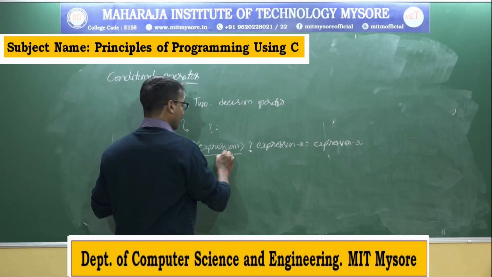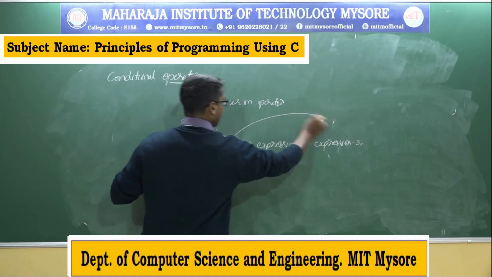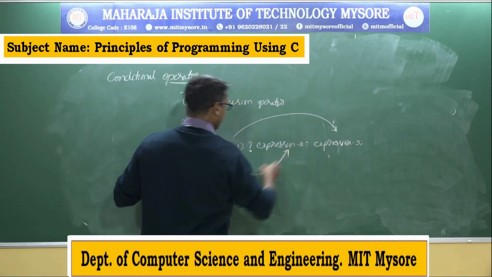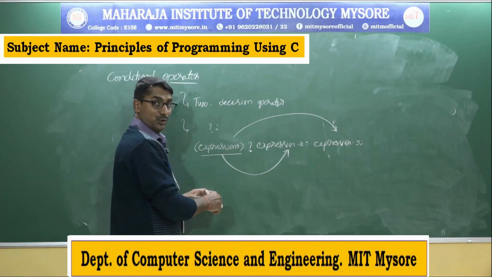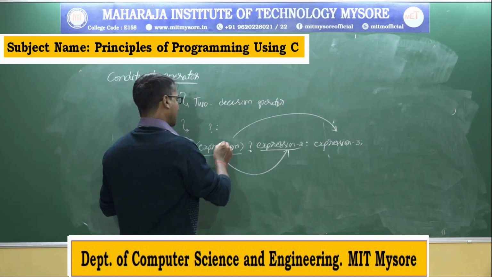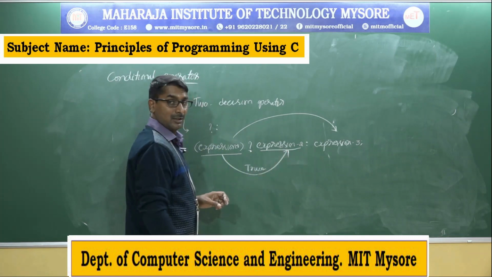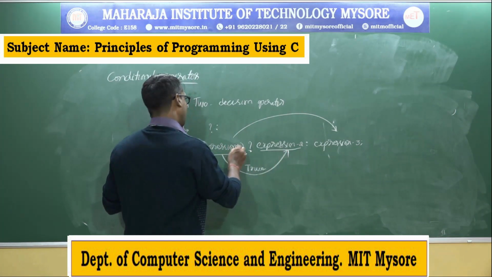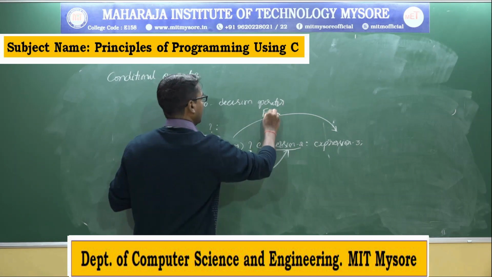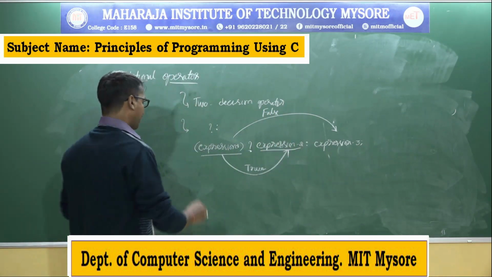Based on the expression value, either expression 2 or expression 3 will be evaluated. If expression 1 is true, it evaluates expression 2. If expression 1 is false, then it executes expression 3.